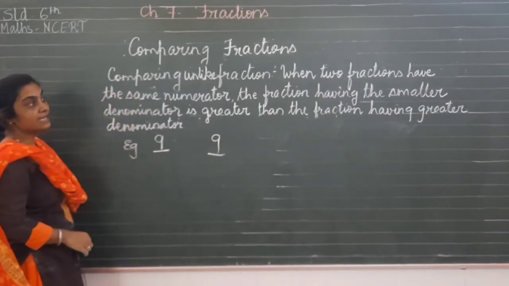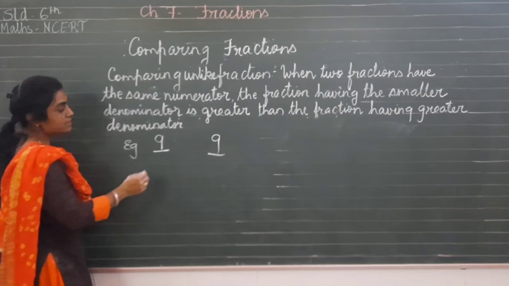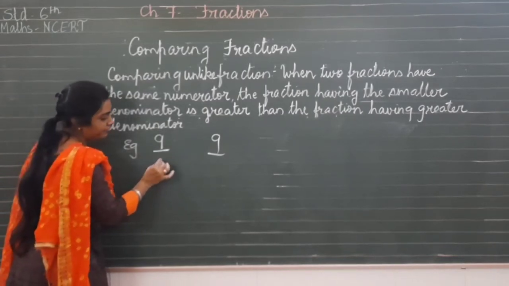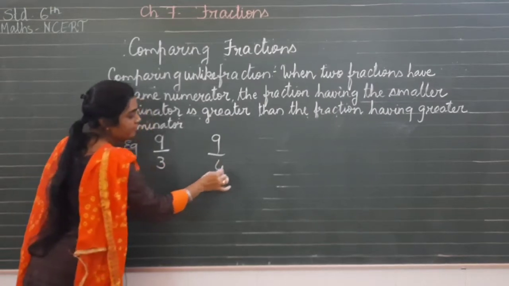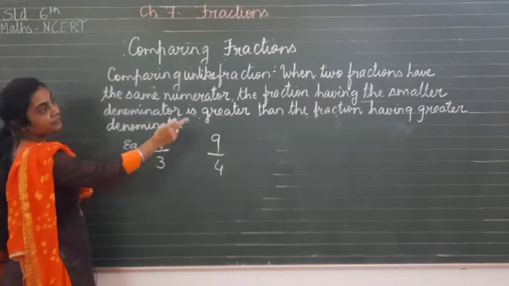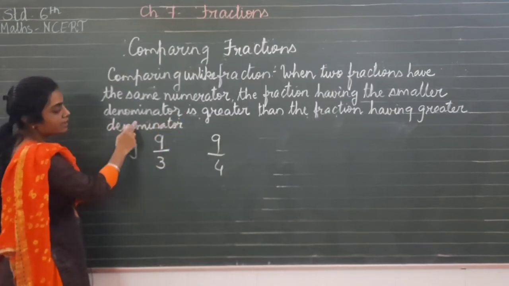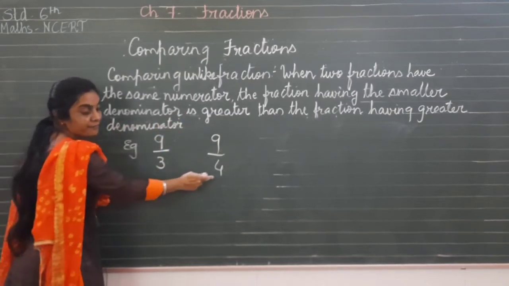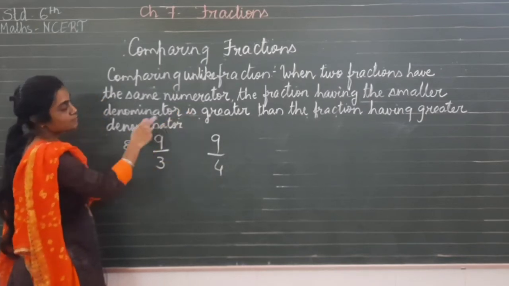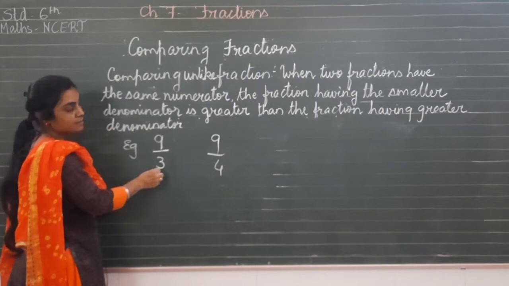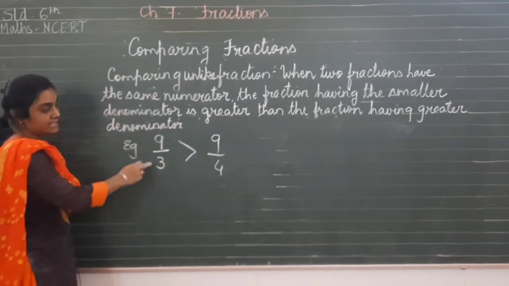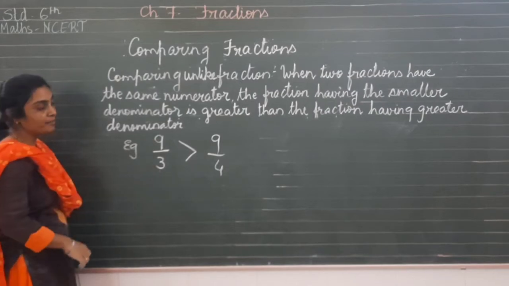Both the numerators are the same. The denominators are different, 3 and 4. From 3 and 4, which one is smaller? 3 is smaller, so it is considered greater. So 9 upon 3 is greater than 9 upon 4.